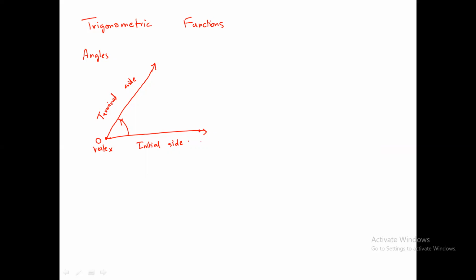Name this line, the initial side, as OA and the terminal side as OB. So, how much have we rotated? If you measure how much the line is rotated, that will give you the angle.